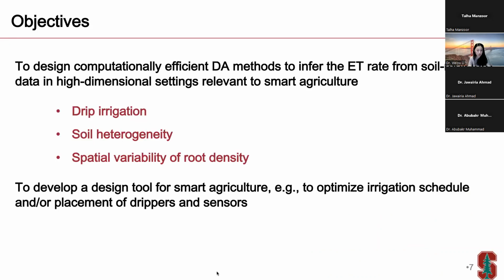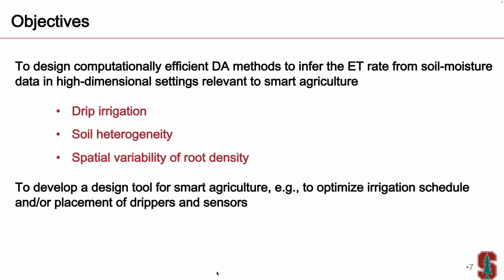And that's how my work aligns with these motivations. We aim to design computationally efficient data assimilation methods to infer the evapotranspiration rate from the soil moisture data in high-dimensional settings, such as two-dimensional or three-dimensional, relevant to smart agriculture in a setting representative of drip irrigation, and we consider soil heterogeneity and the spatial variability of the root density distribution.